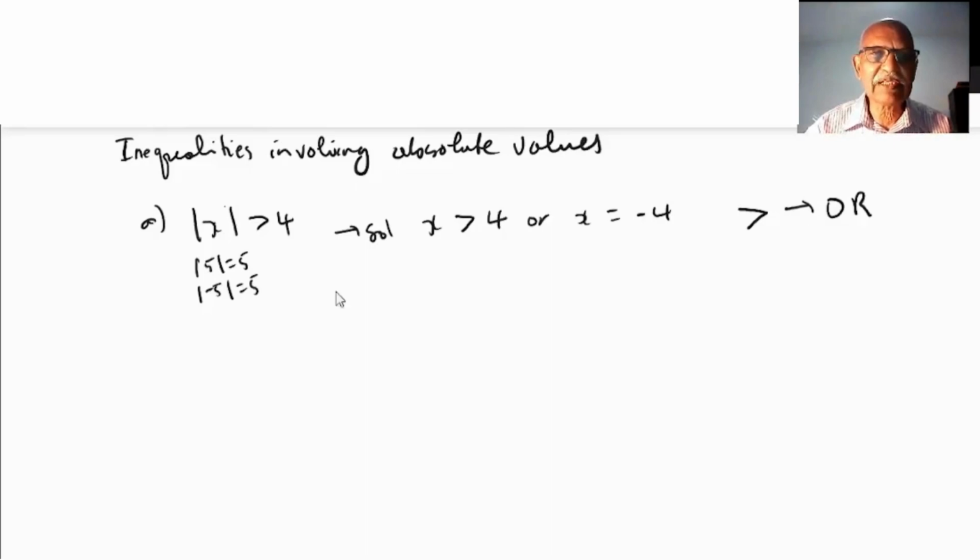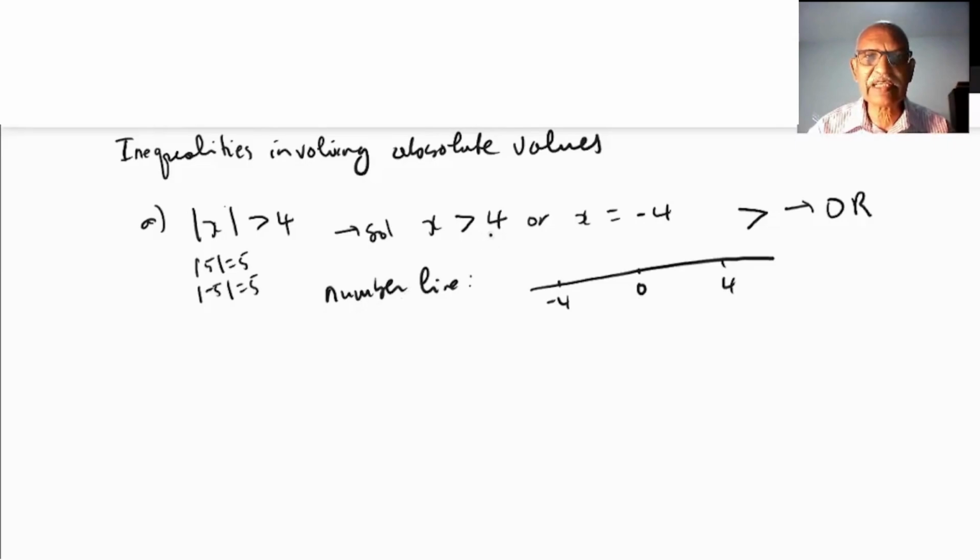So on a number line, solution number line, what we have is, we have 0 here, we have 4 here, we have negative 4 here. So my answer is x is greater than 4, it's not inclusive, with an arrow.